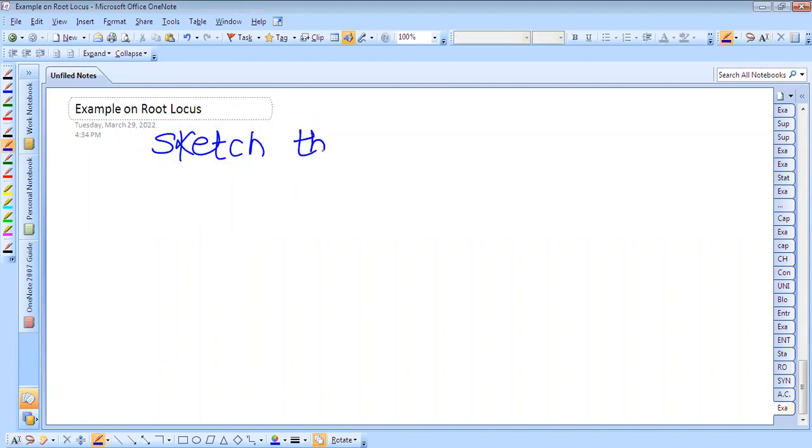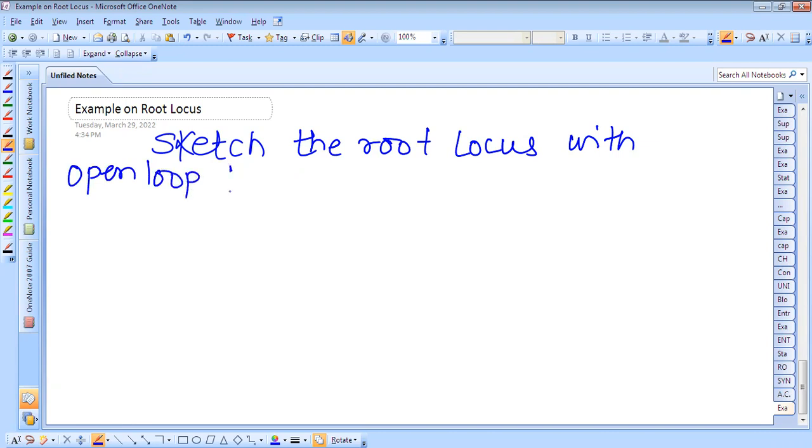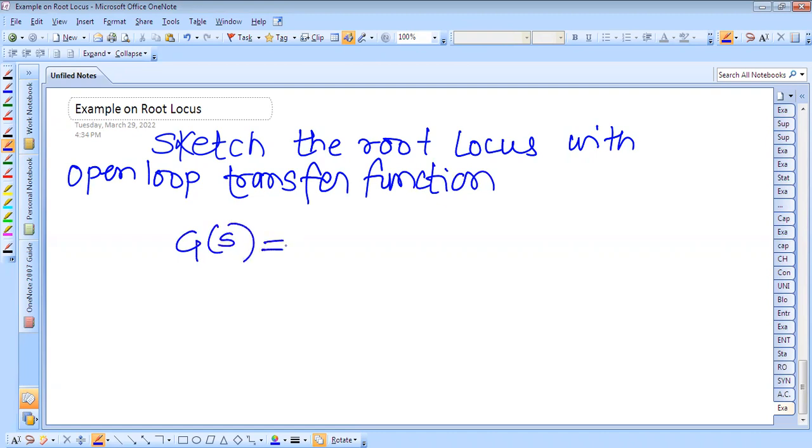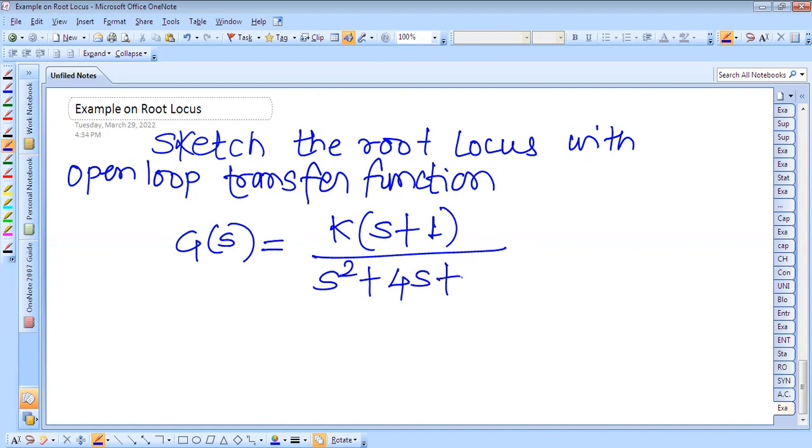Sketch the root locus with open loop transfer function G of s is equal to k into s plus 1, divided by s square plus 4s plus 13. Solution.